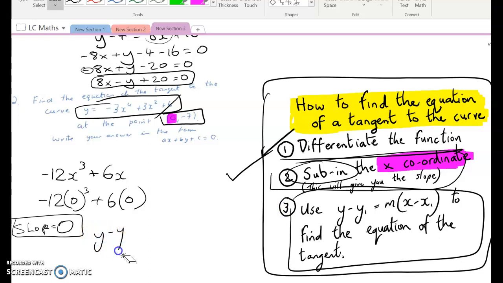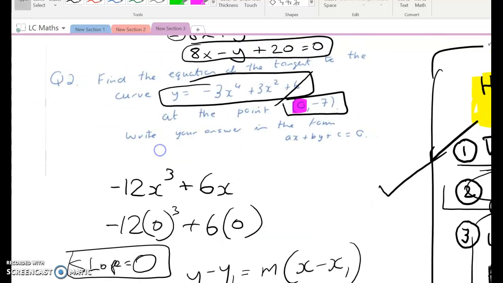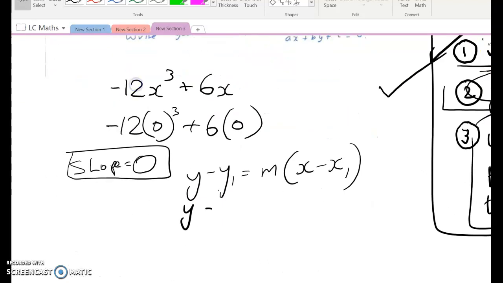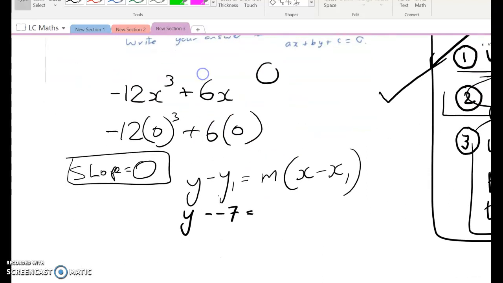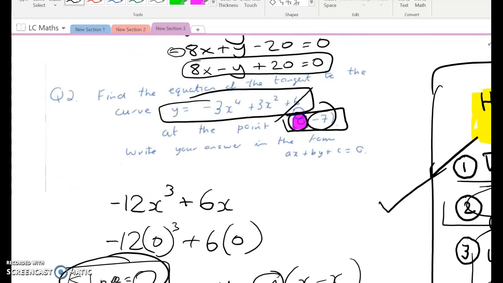Now we use y minus y1 to find the equation of the tangent. So y minus y1 is equal to m times x minus x1. What's y1? It's minus 7. What's m? It's the slope, which is 0. x1 is also 0.